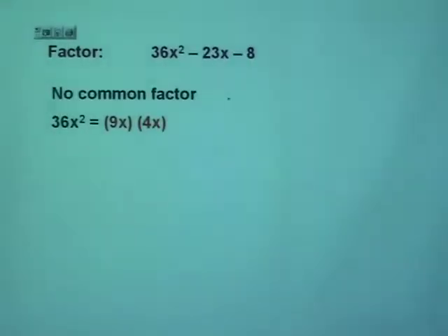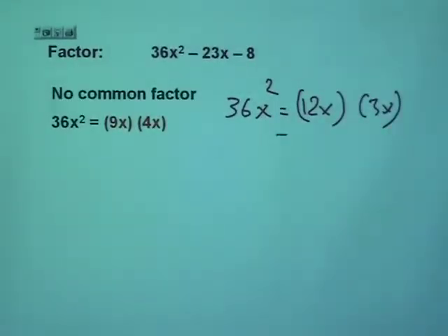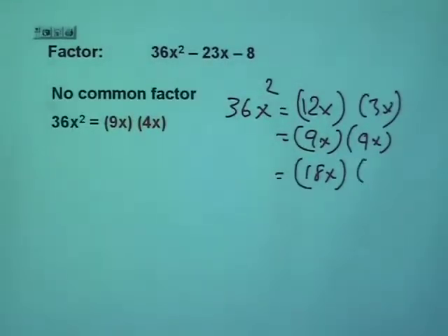I can write it like this. 36x squared is 12x times 3x, that is one way. 9x times 4x, another way. Well, 18x times 2x, another way. Well, I can also write it as negative 9x times negative 4x.